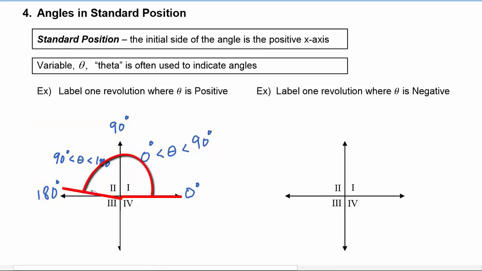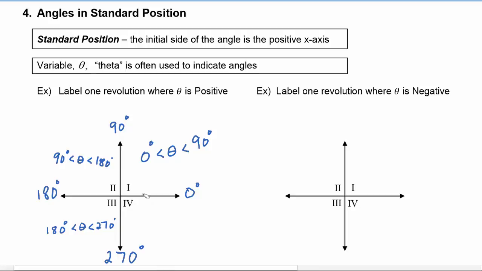If the terminal side of the angle goes all the way to the negative y-axis, we know that would be an angle of 270 degrees. And so if the terminal side's in quadrant 3, that means theta would be between 180 degrees and 270.